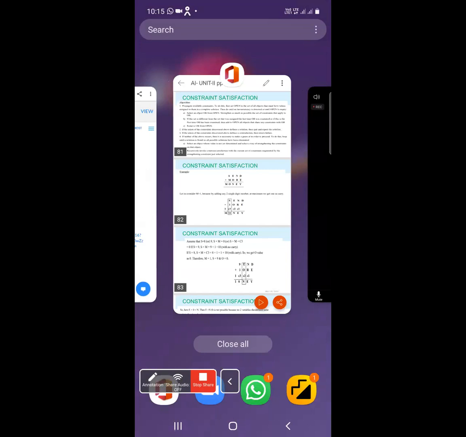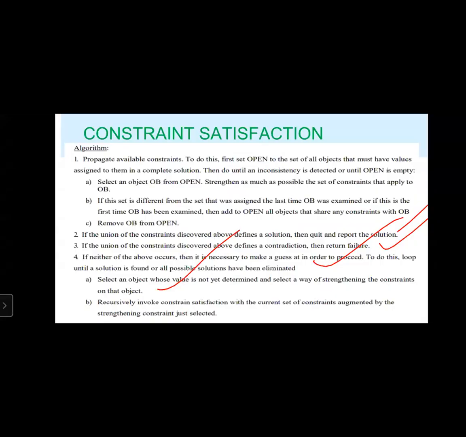This is the algorithm for constraint satisfaction. What is the algorithm? Propagate available constraints. First set open to the set of all objects. Then do until open is empty: select an object OB from open and strengthen the set of constraints that apply to object OB.